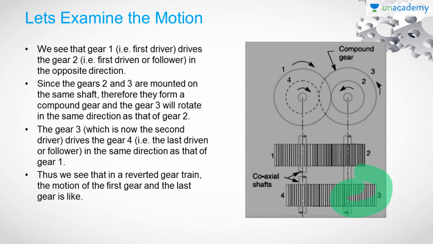Therefore, the center to center distance between gear 4 and gear 3 and the center to center distance between gear 1 and gear 2 are going to be the same, and equal to the perpendicular distance between the axes of the two shafts. Here we have two shafts actually, but they are coaxial, therefore the direction is the same. So the perpendicular distance between gears 1 and 2 and gears 3 and 4 is equal to the perpendicular distance between the axes of the two shafts in this reverted gear train system.